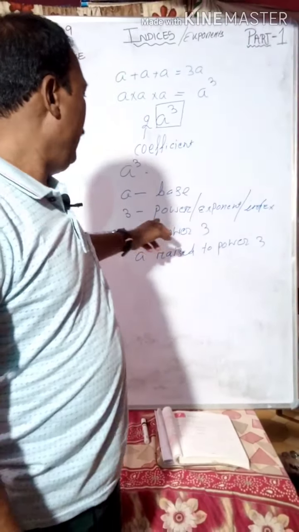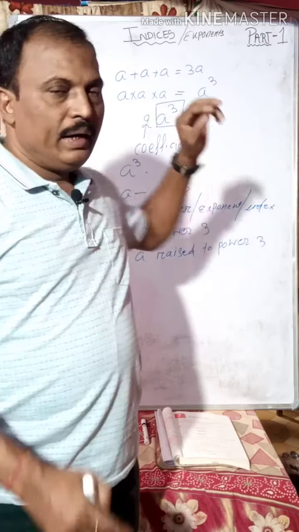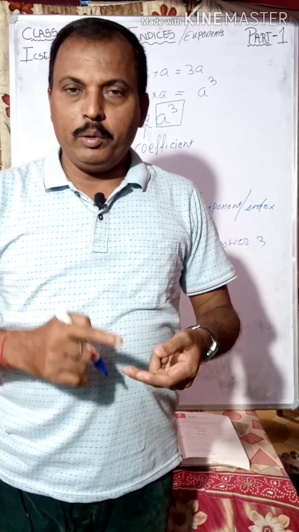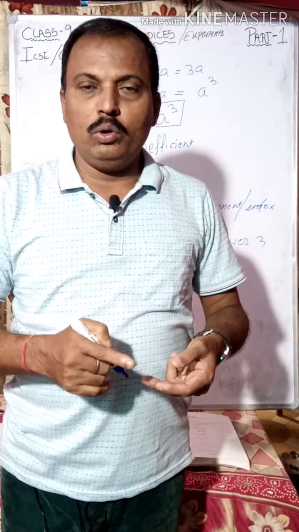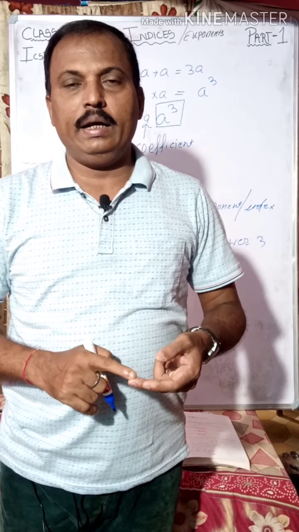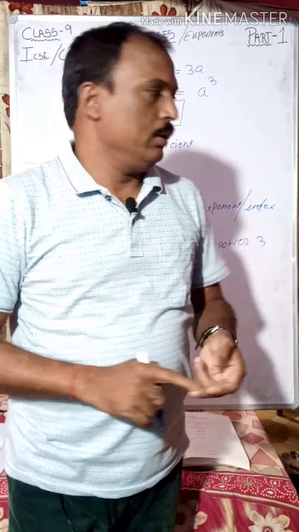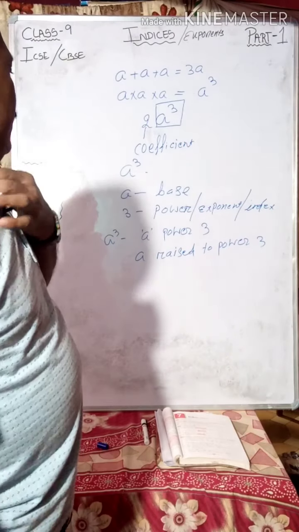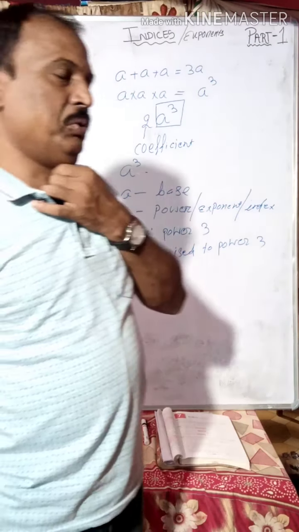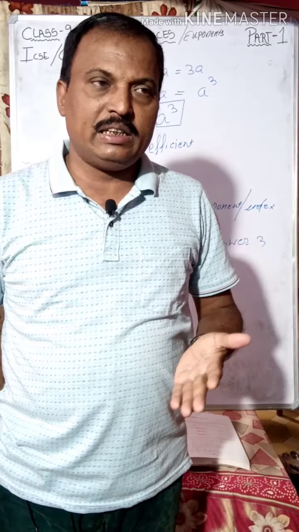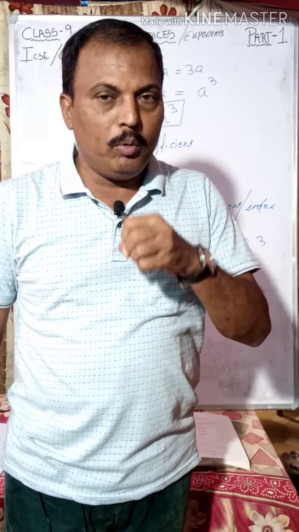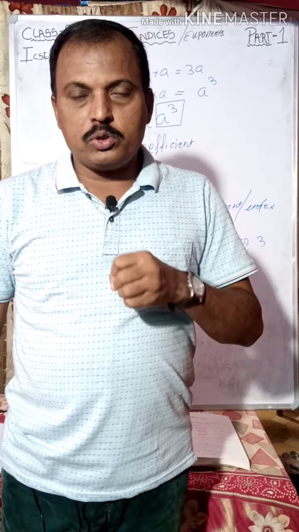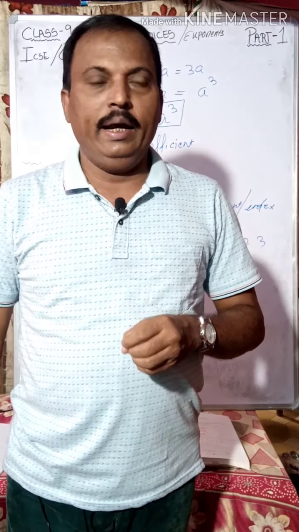When the power is 3, it can be read in another way, a cube. When the power is 2, a to the power 2, otherwise we read it as a square. These are the basic things we already learned in your earlier classes. Now we recall the formulas or rules relating to indices.